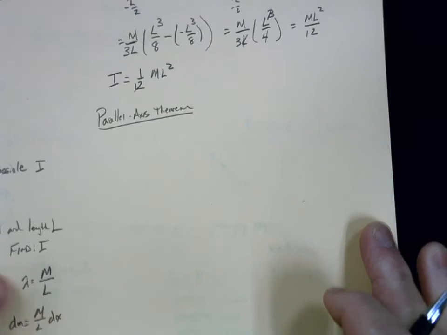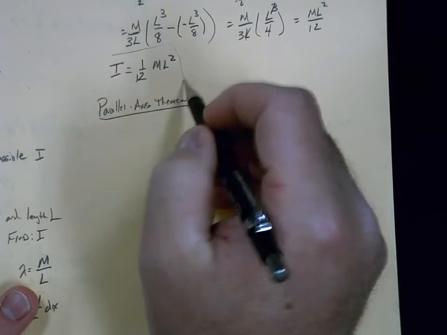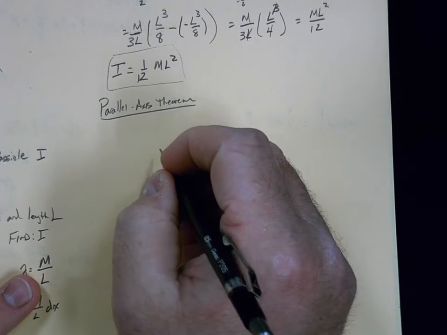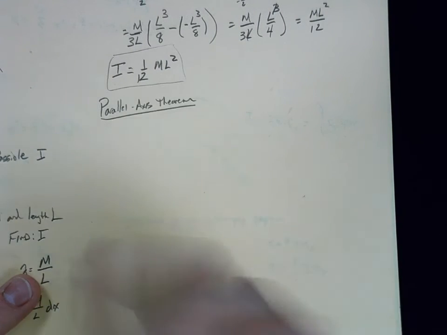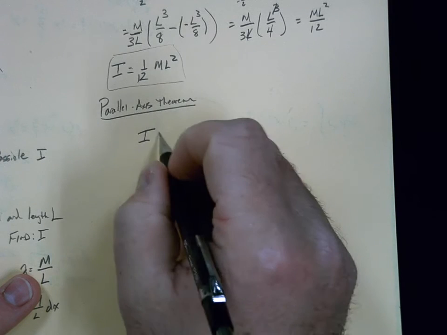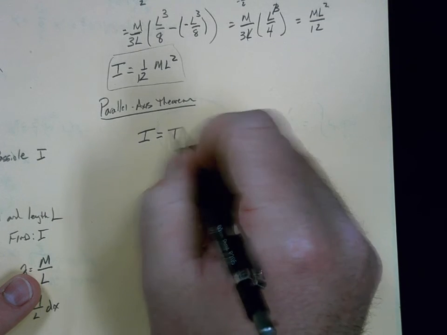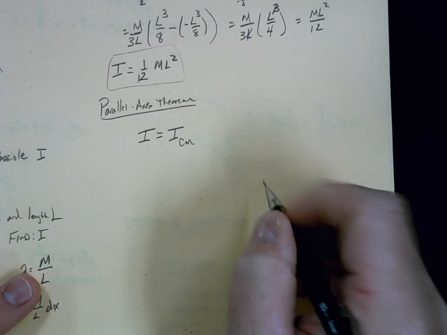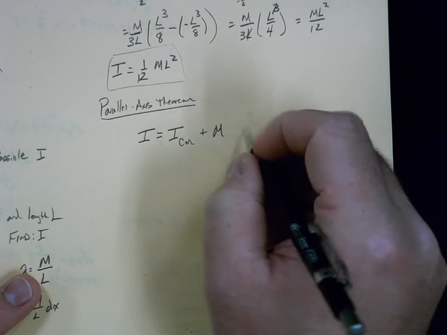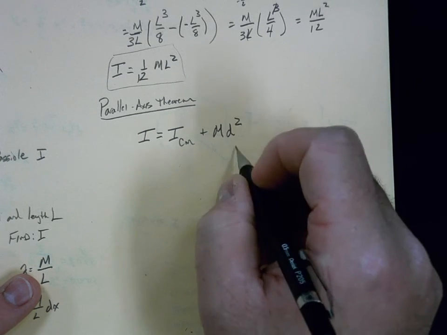Once we find what our moment of inertia is for something rotating around its center of mass, we can find its moment of inertia anywhere else. Our moment of inertia is going to equal the I of the center of mass plus the mass of the object times the distance squared from the center of mass.